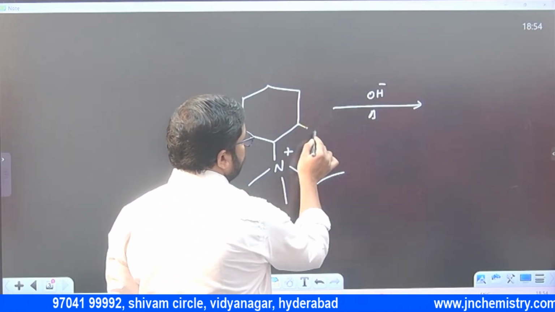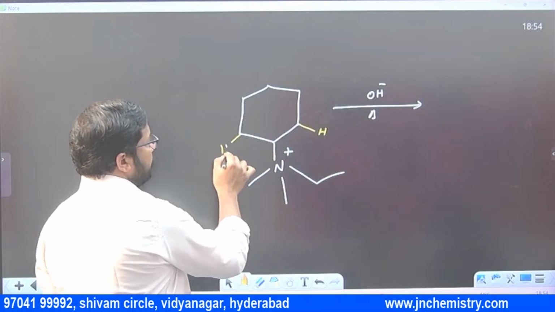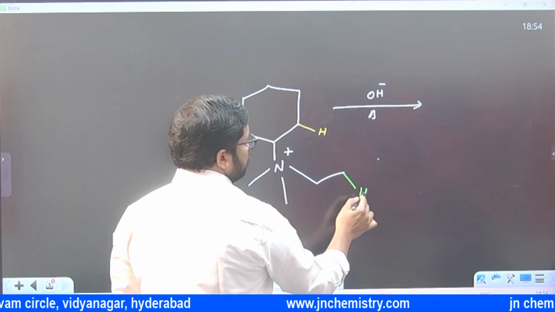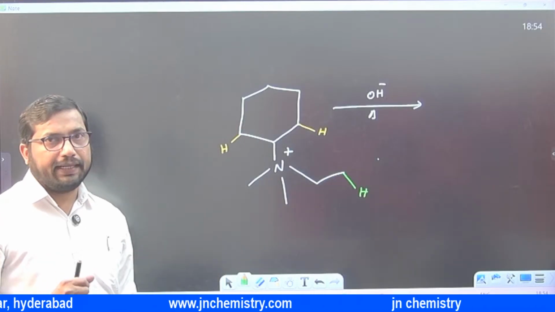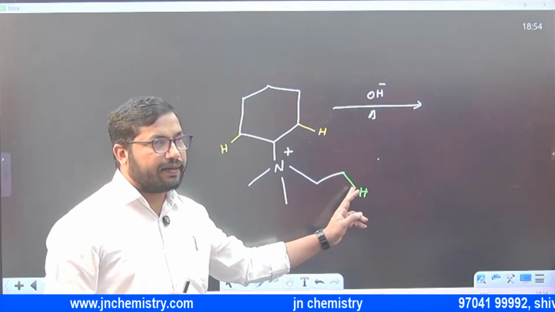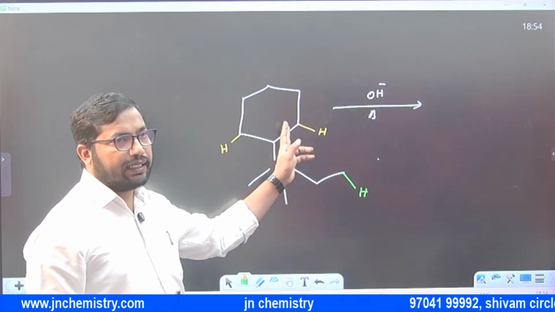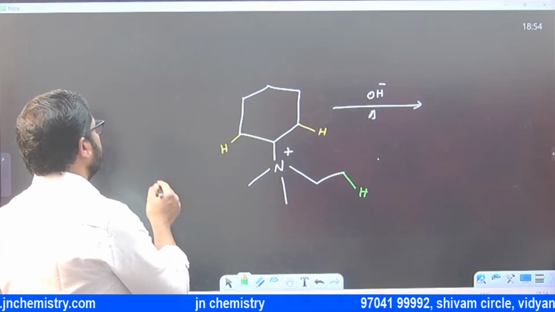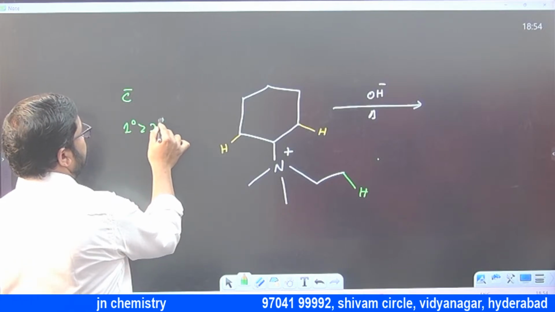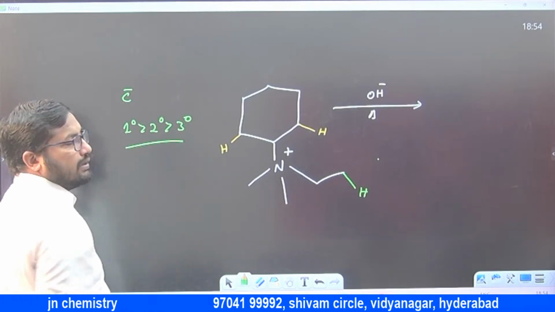Here is one beta hydrogen, both are the same of course, and here is also one beta hydrogen. Here it is primary carbanion, this is secondary carbanion. I told you in the last class, primary carbanion is more stable than secondary than tertiary.